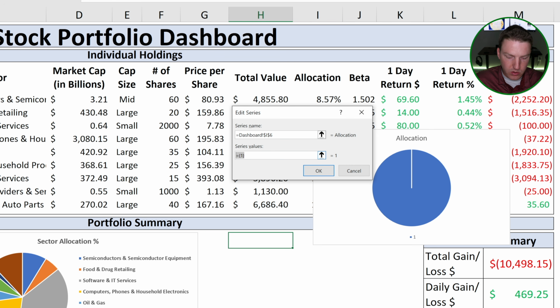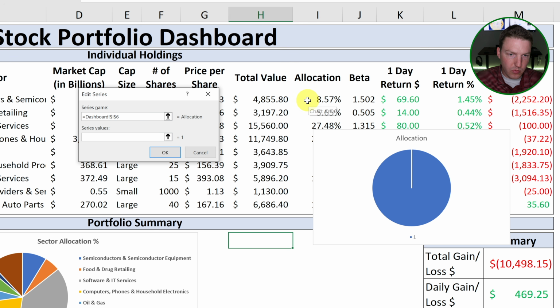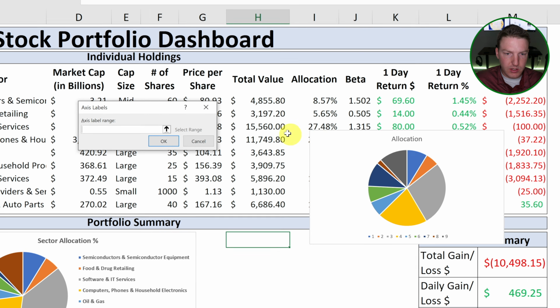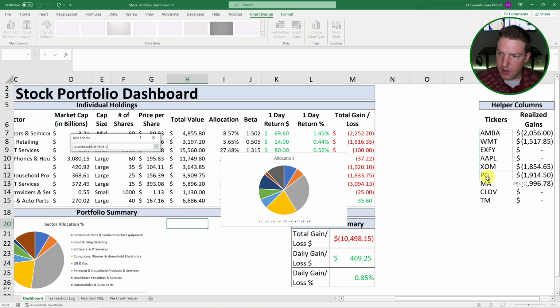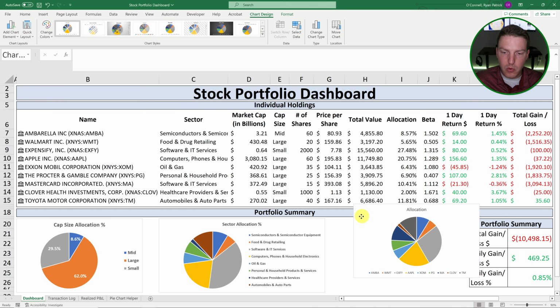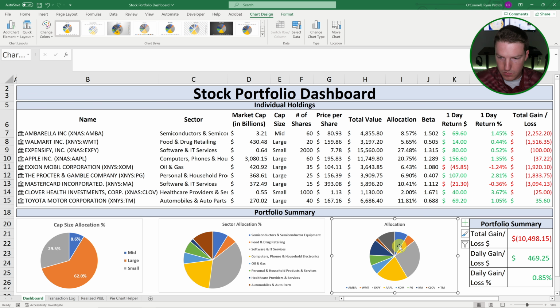The series values here will be equal to this range of all these allocation percentages. I'll hit OK. And then I'm going to edit the horizontal axis labels, and those will just be based on these tickers right over here. Let's hit OK. And now we've got the pie chart we're interested in, but I'm going to speed it up while I reformat.